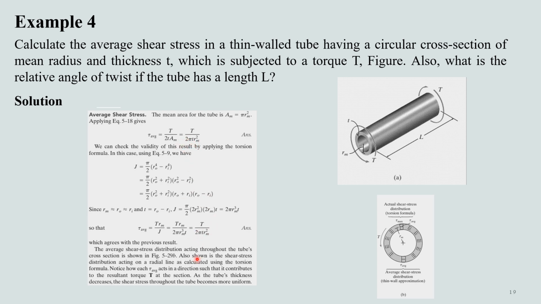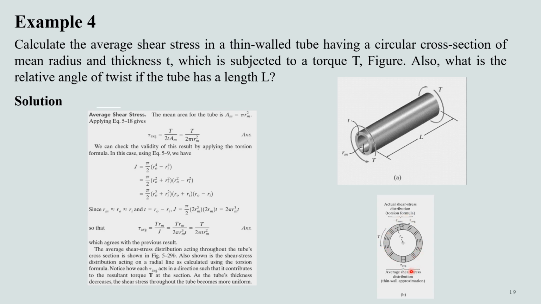The average shear stress distribution acting throughout the body's cross-section is shown in this figure. Also shown is the shear stress distribution acting on a radial line as calculated using the torsion formula. We can notice here that tau average acts in a direction such that it contributes to the resultant torque at the section.